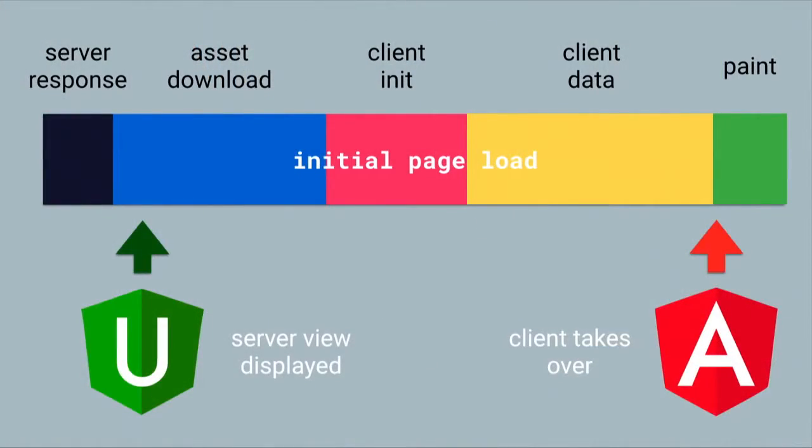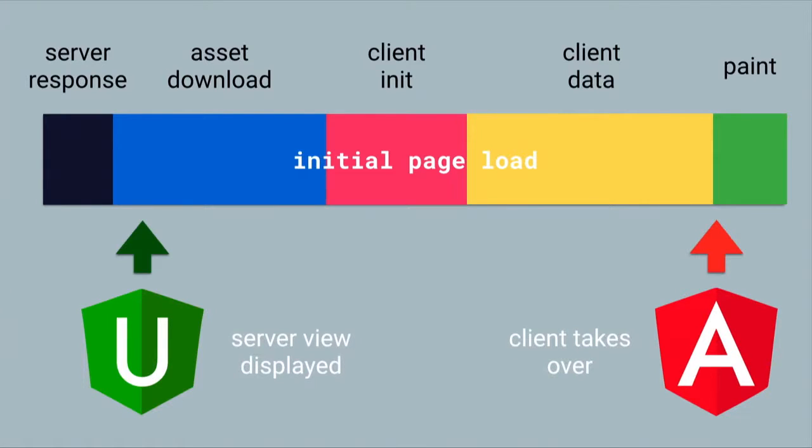So the way this works is whenever a user clicks on a link to your web app, Angular Universal is going to server-side render the initial response and get it to you, so your user has at least some UI in front of them they can take a look at. A couple of seconds later, it'll then asynchronously load in the rest of the bundle. It'll bootstrap, and the client will take over. This is sometimes called hydration. And it just means that you end up with pretty good perceived load time performance overall.